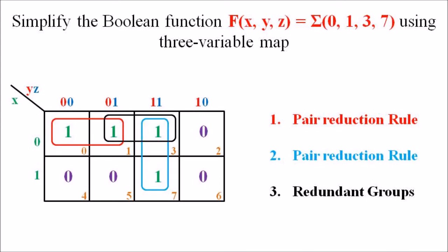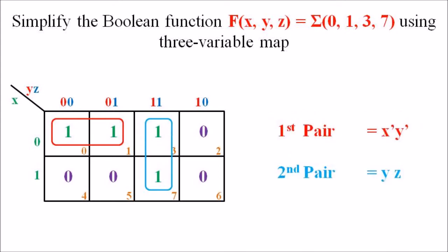Thus we conclude that we have only two pairs: 0, 1 is the first pair and 3, 7 is the second pair. Considering the first pair, M0 and M1 lie in row number 1, where the value of x is unchanged and is 0, so x dash is the unchanged value. The column values change from 00 to 01, that is, y dash z dash changes to y dash z.